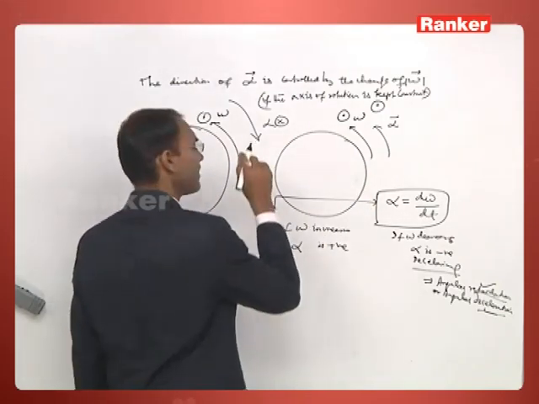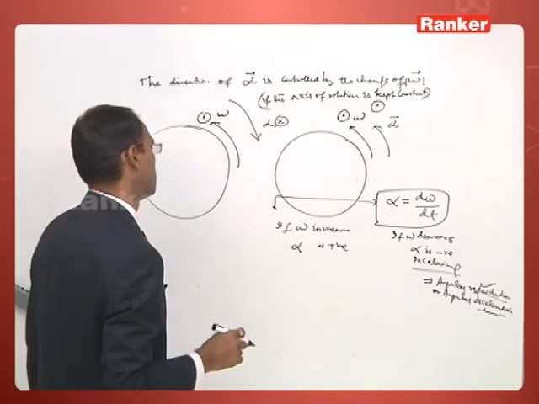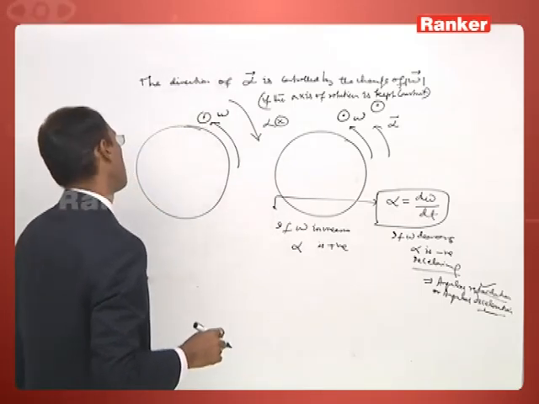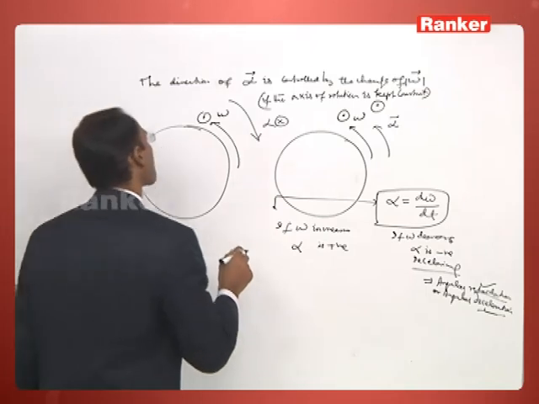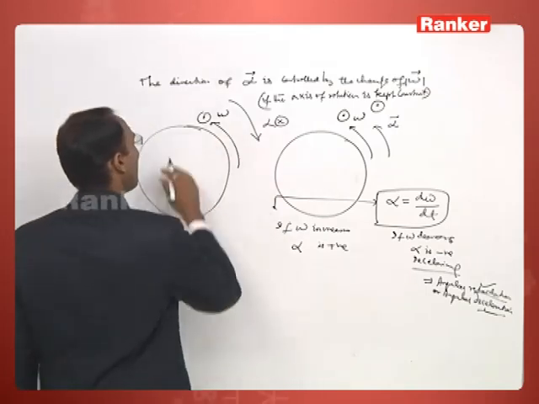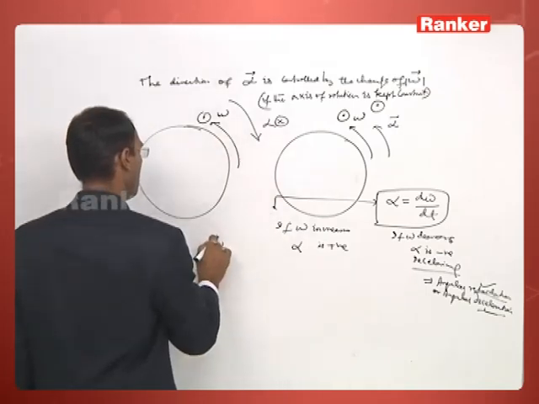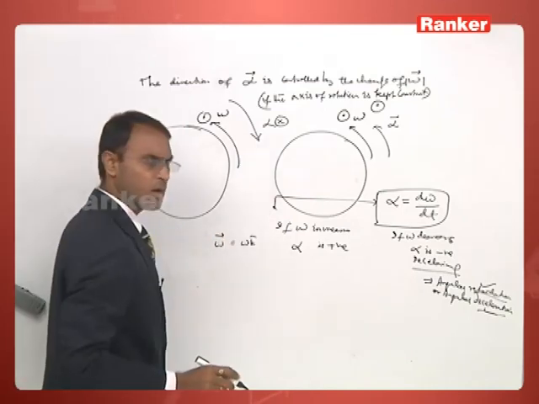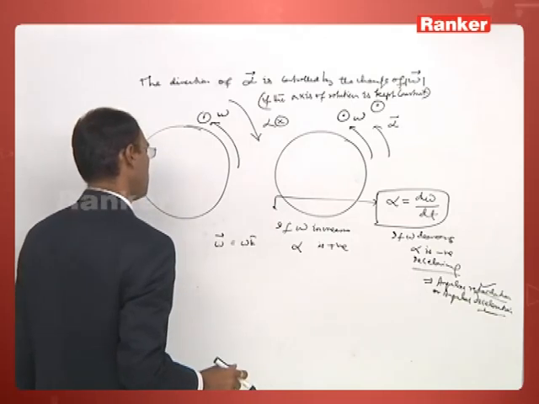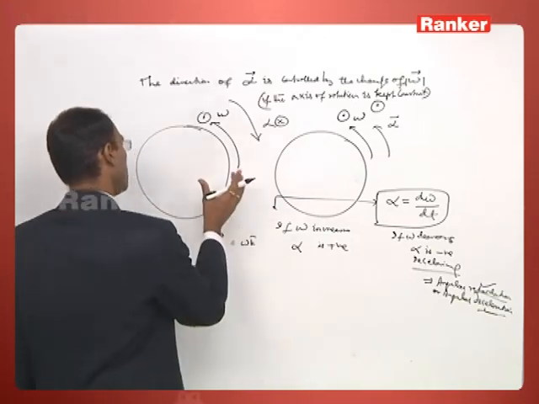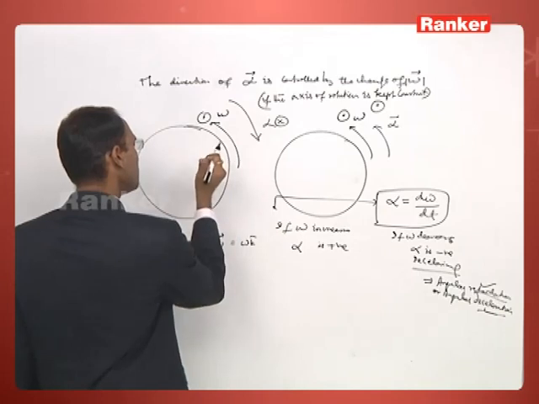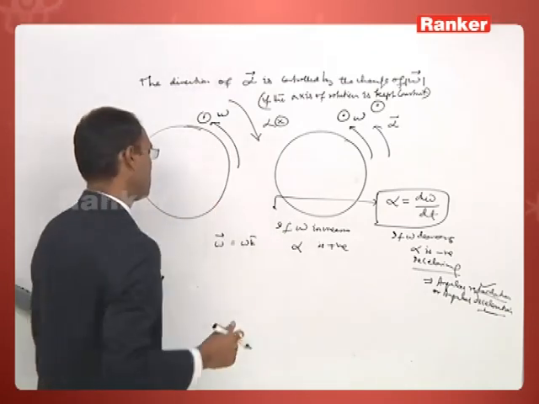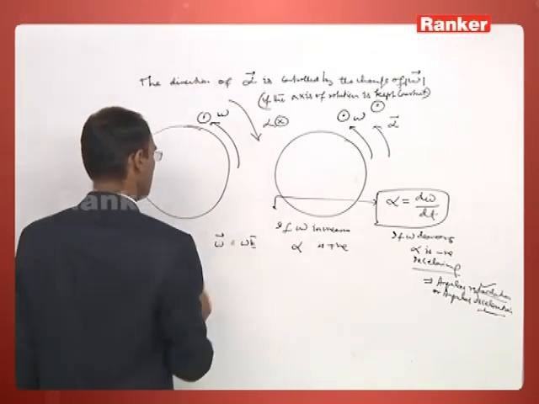Omega decreases, alpha is negative. Assuming that omega is pointing in an anticlockwise manner, or it is rotating anticlockwise, or it is pointing in positive z direction. This is the assumption.